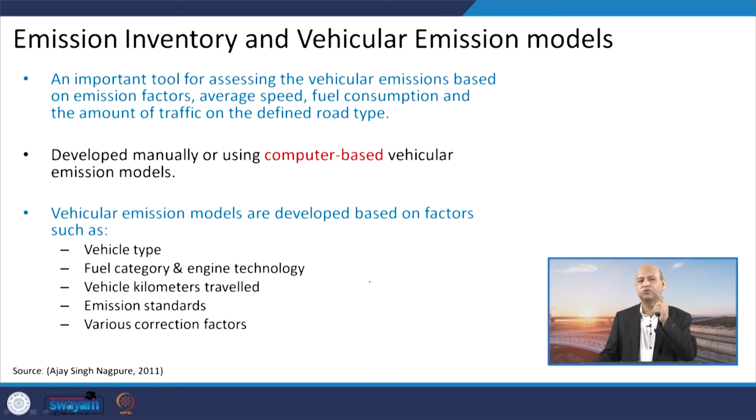If you do not have a good emission inventory, that is, good values of emissions as input parameters in dispersion modeling, you will not have good concentration estimations. Okay. So, emission inventory in that way is very important, and because of that these vehicular emission models are important, because they are the tools which are used for developing emission inventories.